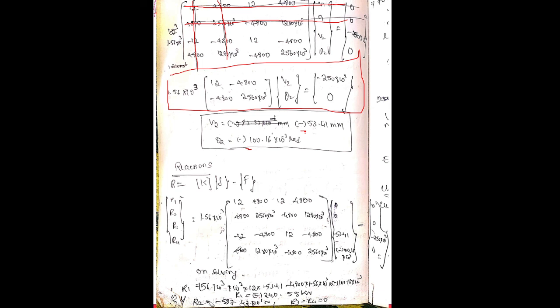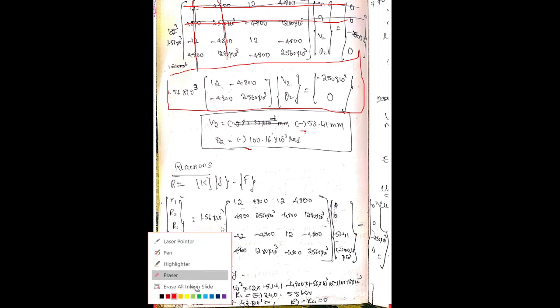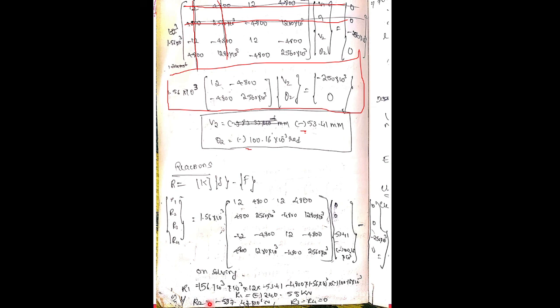All of you got it? R2 has minus 587.47 into 10 raised to 6.